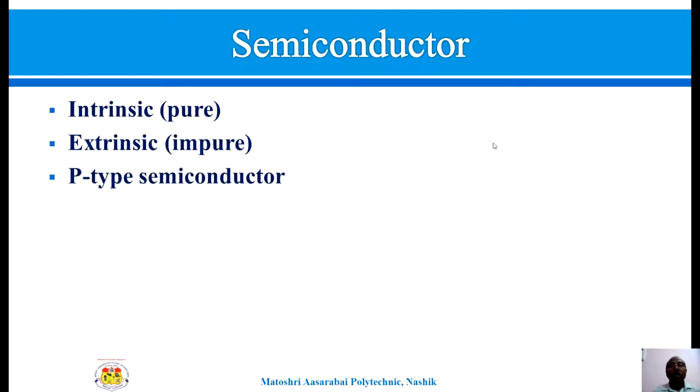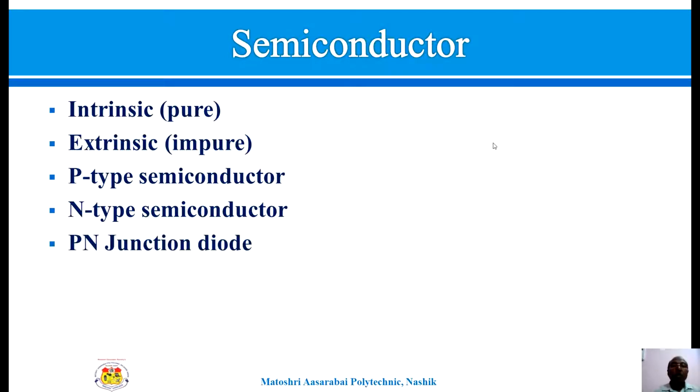Now, extrinsic semiconductors we can classify in two types: p-type semiconductor and n-type semiconductor. In p-type semiconductor, holes are the majority carriers while electrons are the minority carriers. In n-type semiconductor, the number of electrons is more and the number of holes is less.